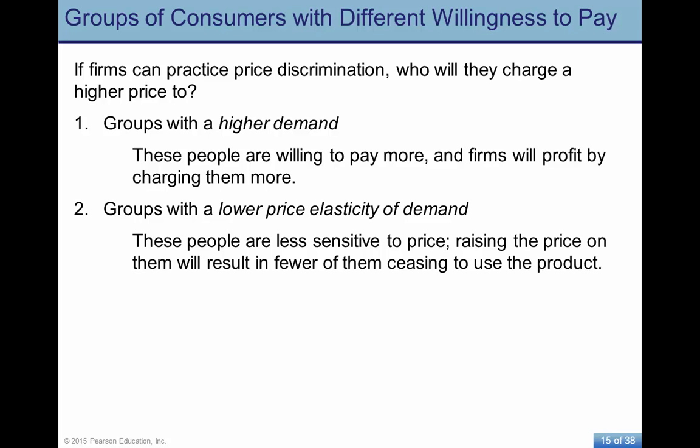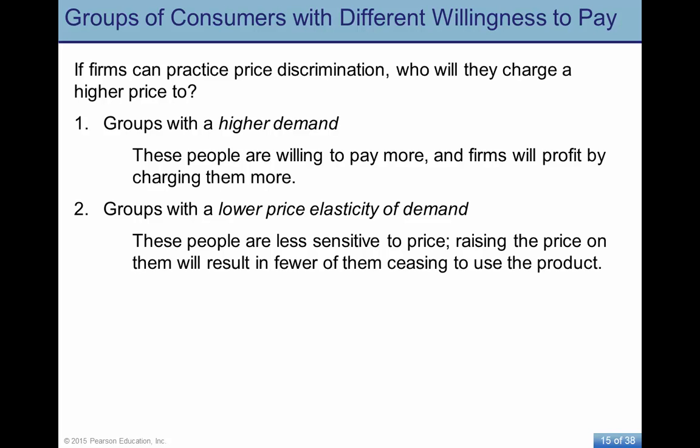Groups of consumers with different willingness to pay. If firms can practice price discrimination, who will they charge a higher price to? One, groups with a higher demand. These people are willing to pay more, and firms will profit by charging them more.